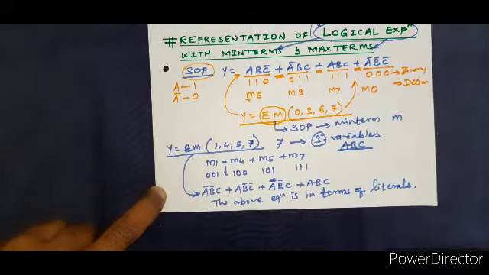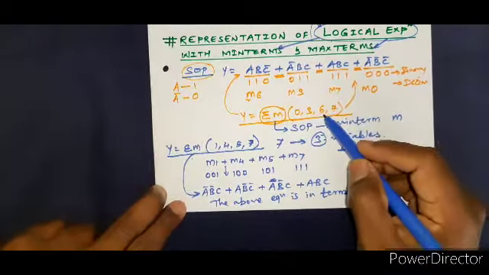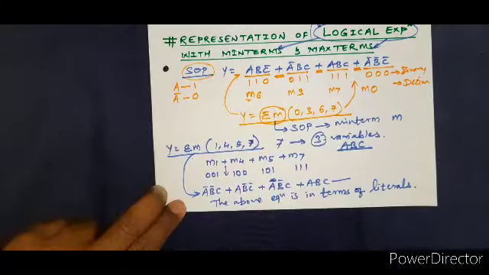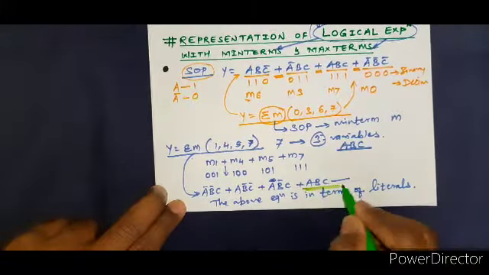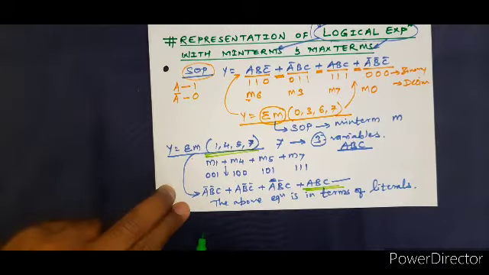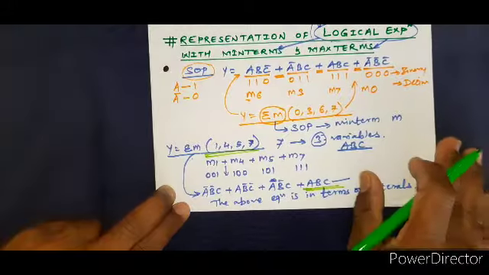This is how you can correlate the given logical expression and the min-term expression.